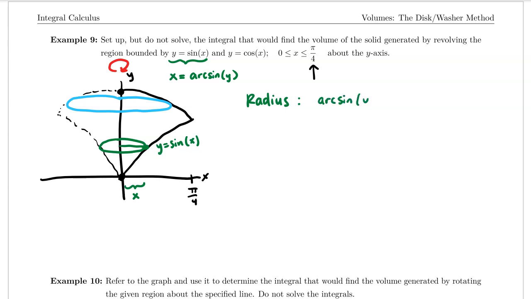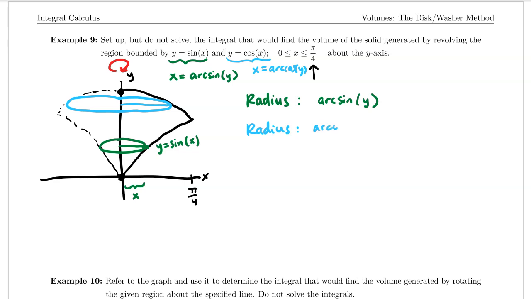arcsine of y. If we go and switch over to talking about the blue disk, that radius is affected by the cosine curve. So similarly, I want to solve that for x, and if I do that, I get arc cosine of y.